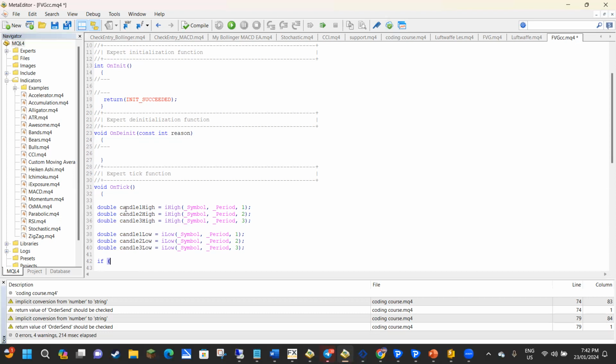So we need to know the low value of the third one.